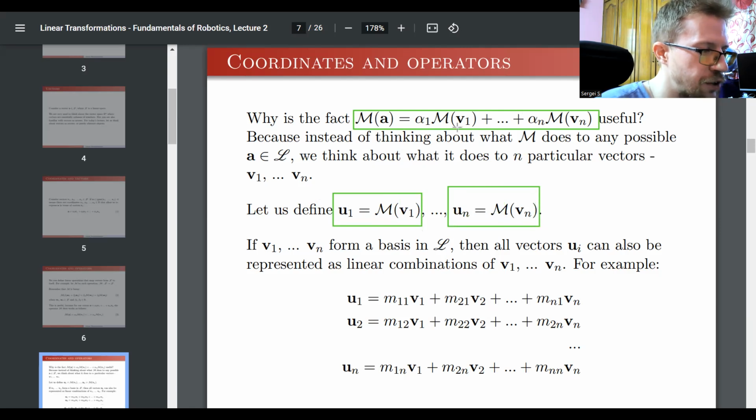So remember the picture that I drew previously. Let me draw something like this again. We have two pink vectors, and they are transformed into green vectors.